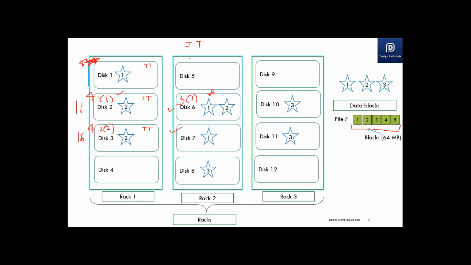So next time when any processing request comes for this file, it will try not to give processing of block 2 to this node, and it will try to give it to some other node because last time it failed there. So this node will be given the least preference for processing block 2, and similarly for other things. These kinds of things are also taken care of by the job tracker.